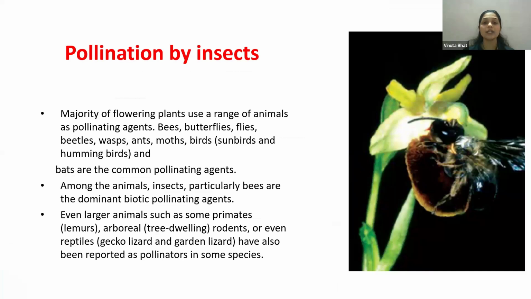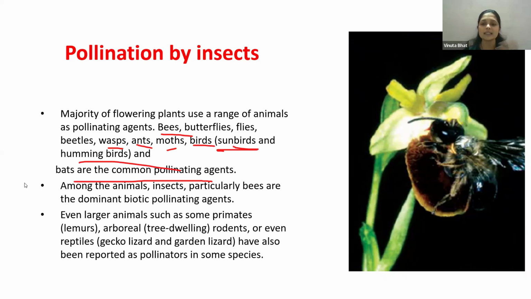Then pollination by insects. How does the pollination take place by insects? So majority of the plants are pollinated by insects or animals like bees, butterflies, not only insects, mainly bees, butterflies and beetles, wasps, ants, moths and birds such as sunbirds and hummingbirds, and bats are the most common pollinating agents.